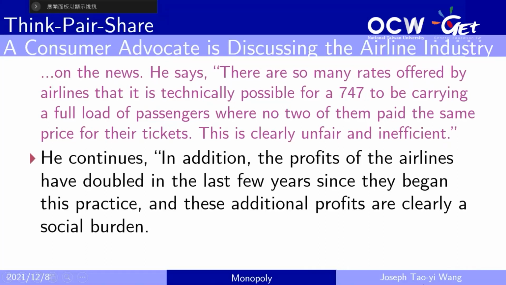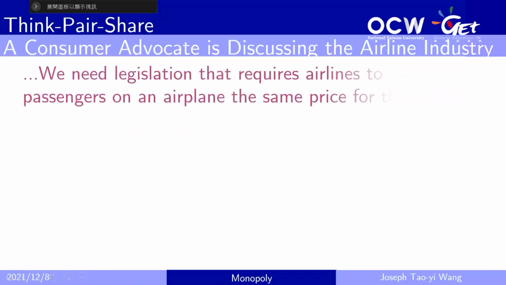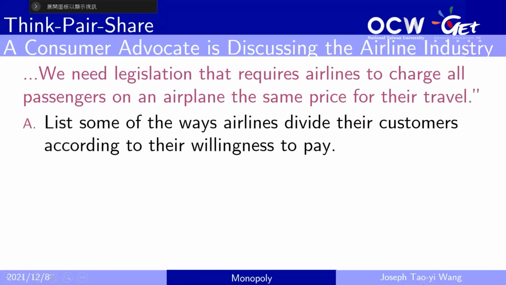He continues, in addition, the profits of the airlines have doubled in the last few years since they began this practice. And these additional profits are clearly a social burden. So we need legislation that requires airlines to charge all passengers on an airplane the exact same price for their travel. So question, list some of the ways airlines divide their customers according to their willingness to pay.